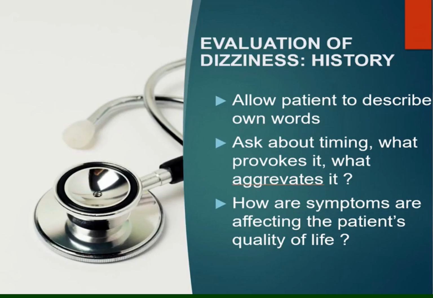And finally, to find out how these symptoms are affecting the individual's function and quality of life. So does it really take them out of action, or is it a mild nuisance? So you want to try to establish the range of functional disability that this is causing.